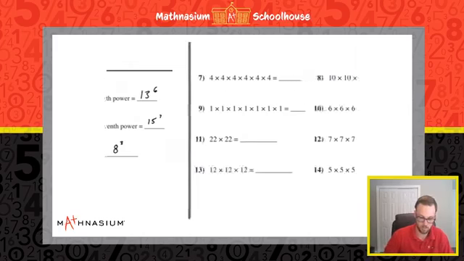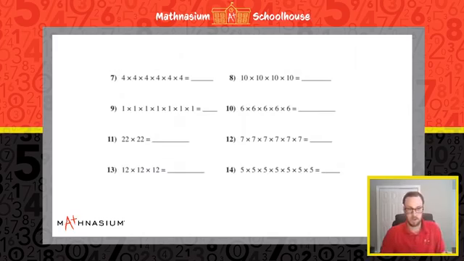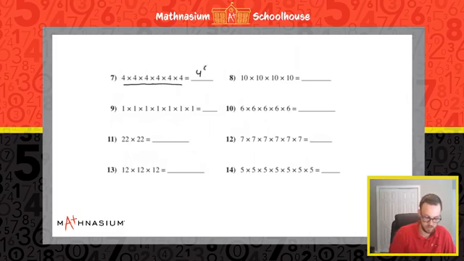All right, good job. Same thing here for number 7 through 14. So I have a base of 4. And let's see, I've got 3, 6. So I've got 4 to the 6th power.